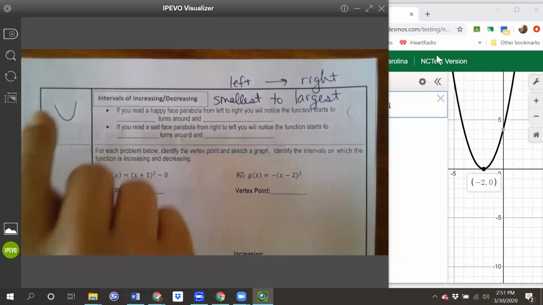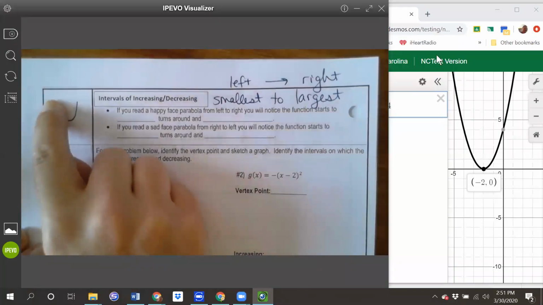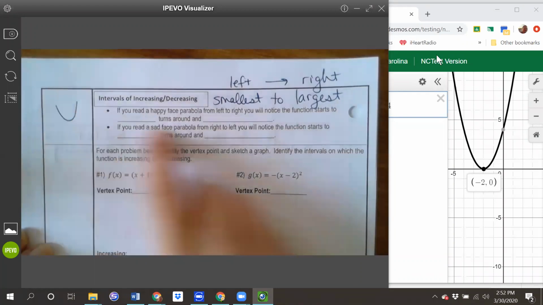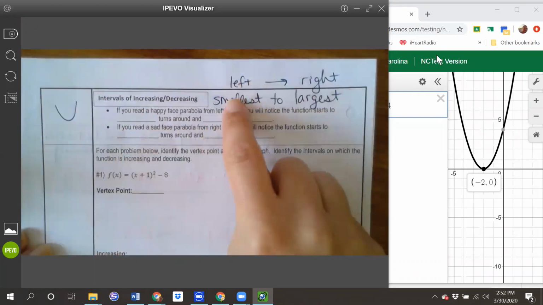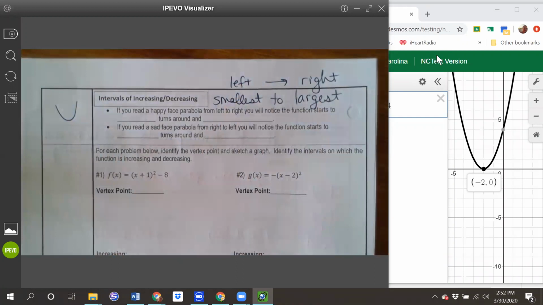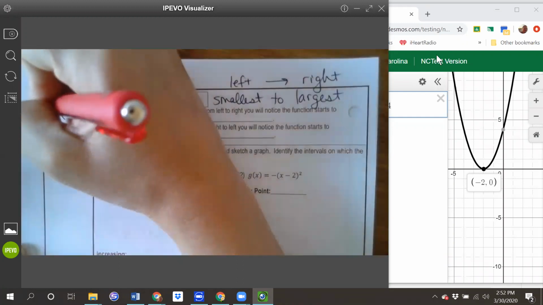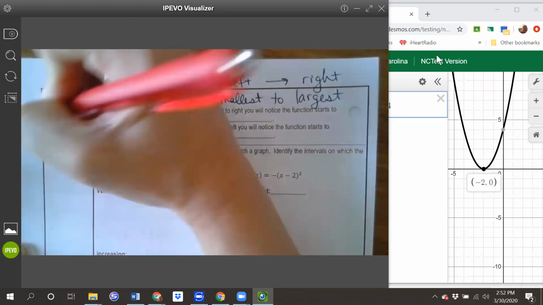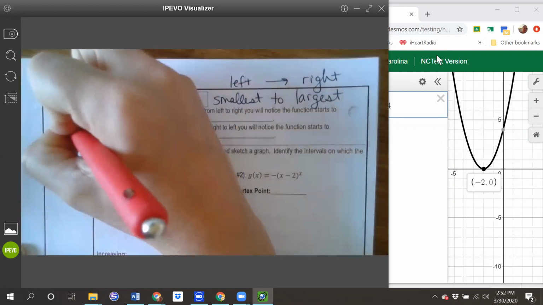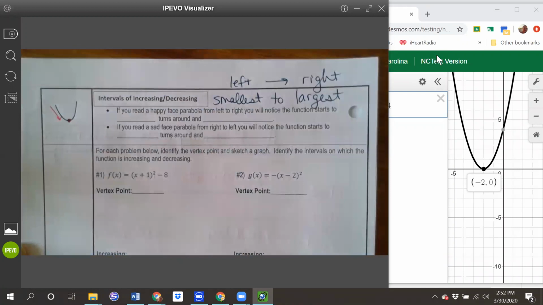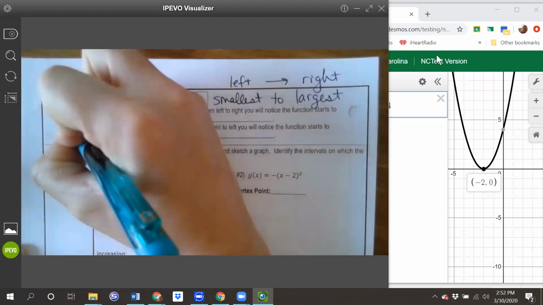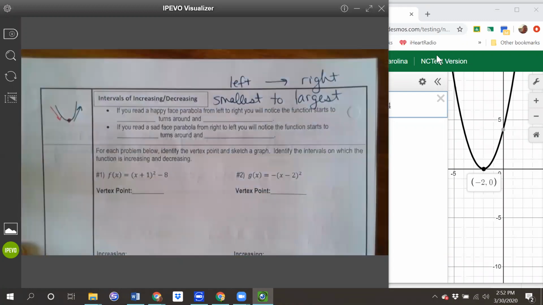Okay, so I got my smiley face, my happy face here. So as I read it from left to right, left is smallest, right is largest, then this is what happens. The graph is decreasing all the way until it gets to the vertex. And then it changes directions and now begins to go up, which means that it is increasing.